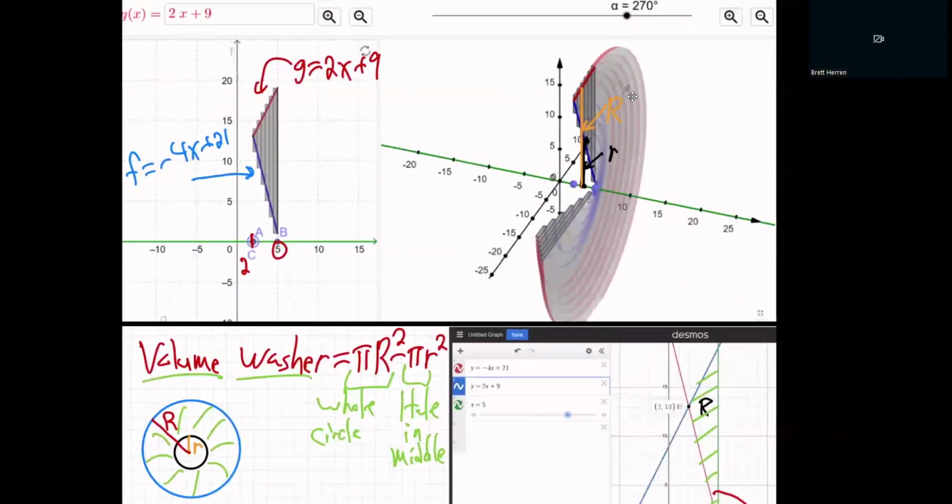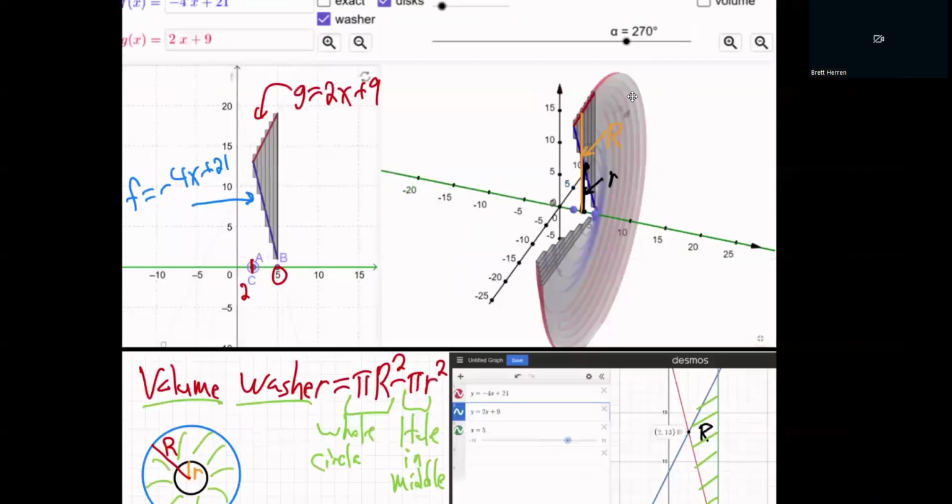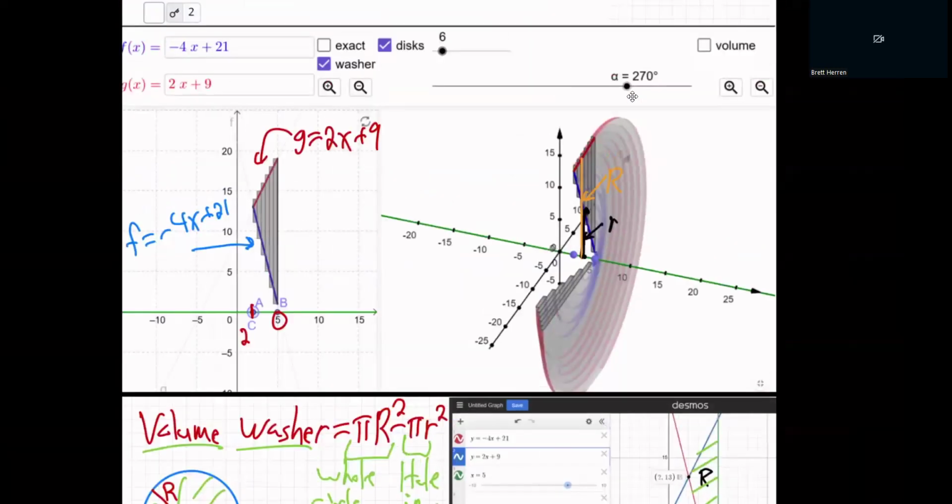So what is big R? Big R goes all the way up to the red circle, so it's G. And little r only goes up to F. There's little r.